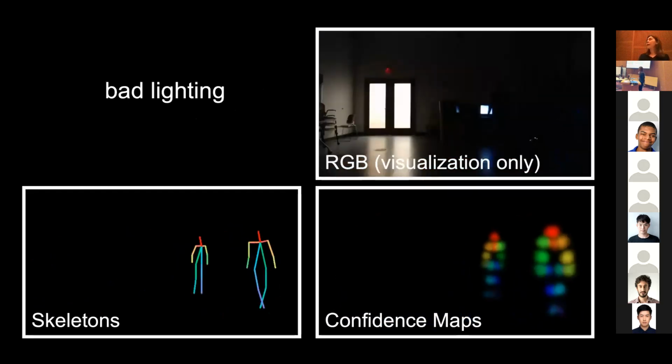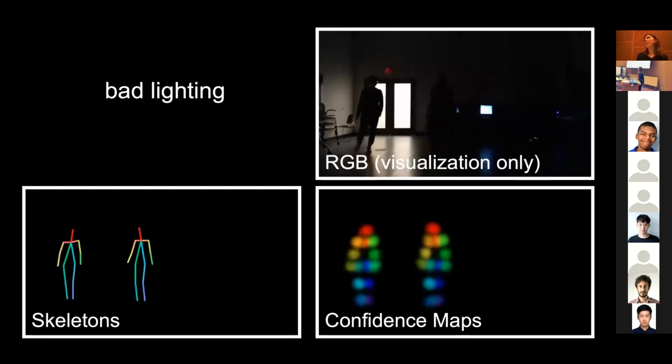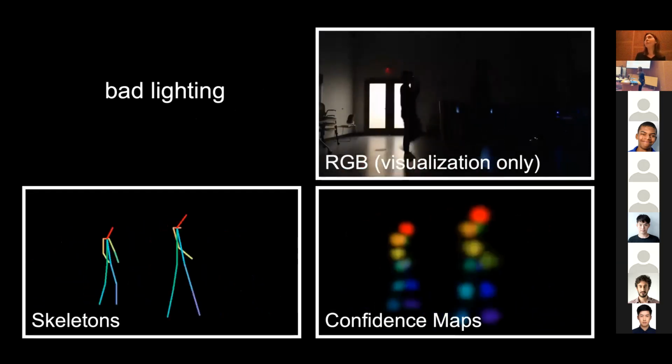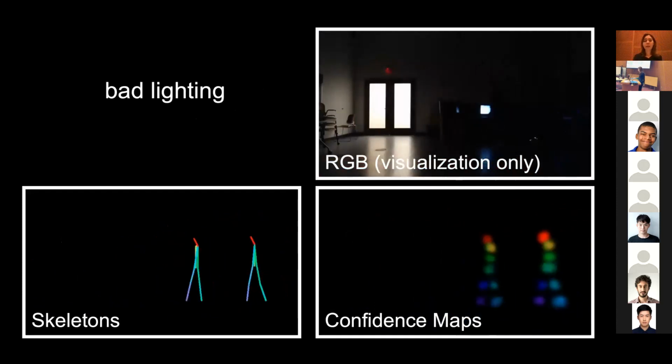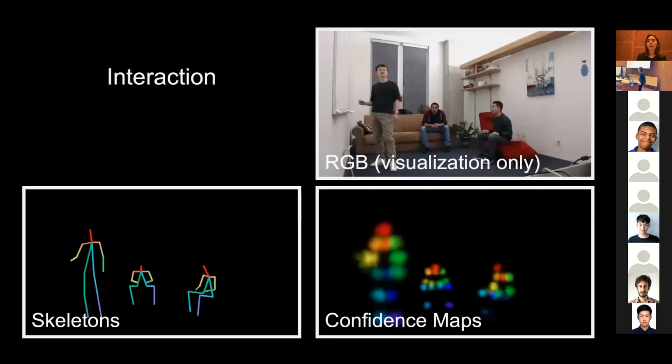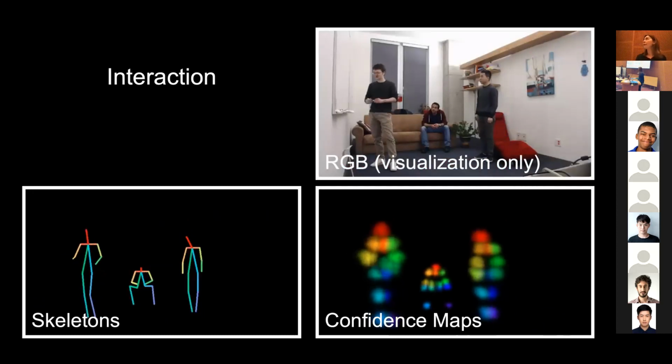And here in darkness, of course, cameras stop working, but our signal doesn't care whether it's dark or not. So still it works perfectly fine. And also you can see interactions between people. Like here, one of the students is trying to explain something, writing something on the board, and the other person is talking to him and interacting with him.